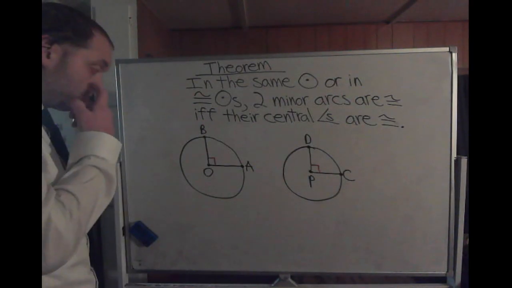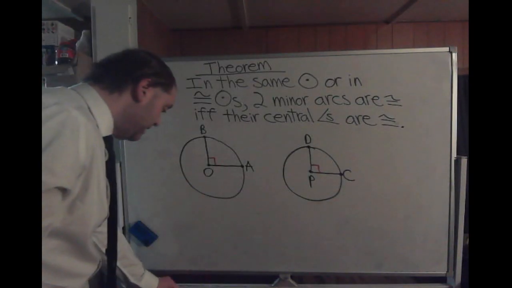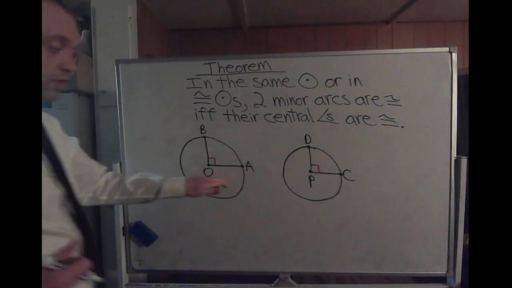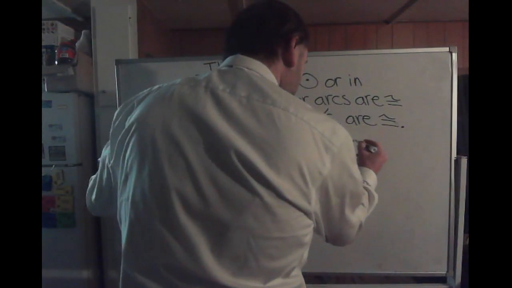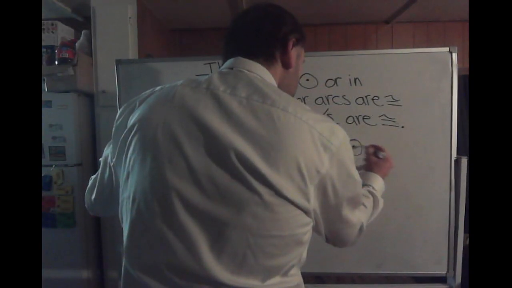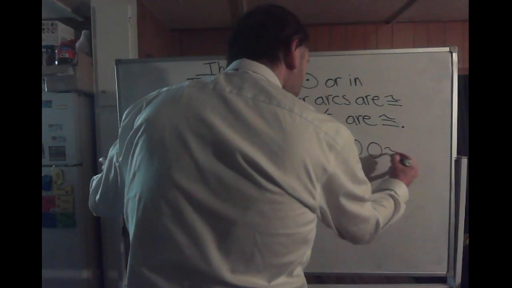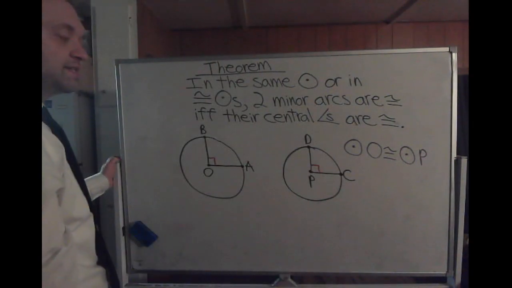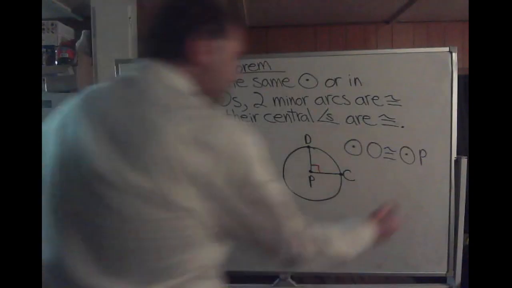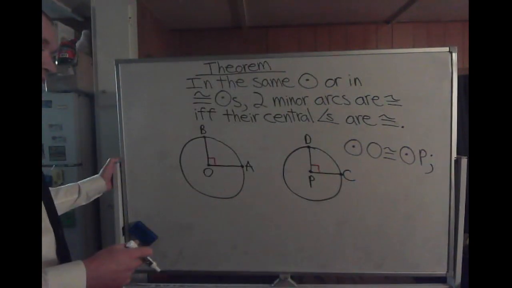Well, we can go ahead and give you the information that circle O is congruent to circle P. You name a circle by its center, if that makes sense. So we have that circle O is congruent to circle P.